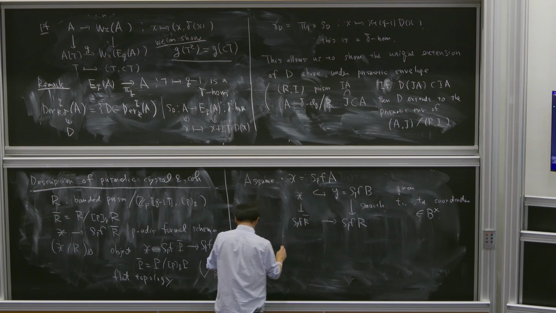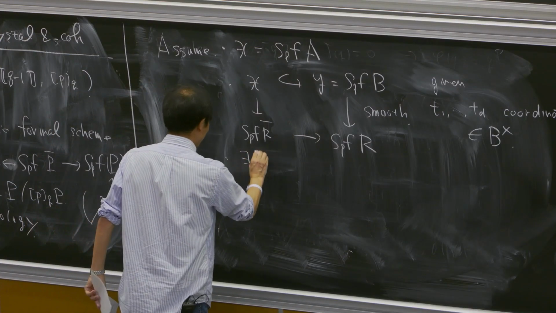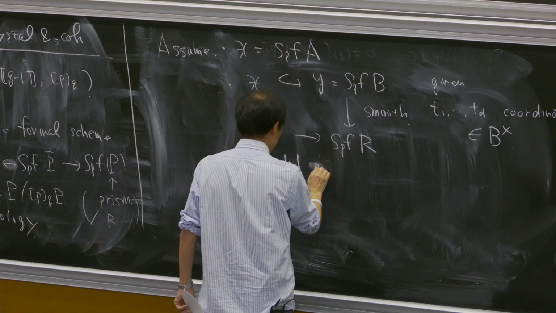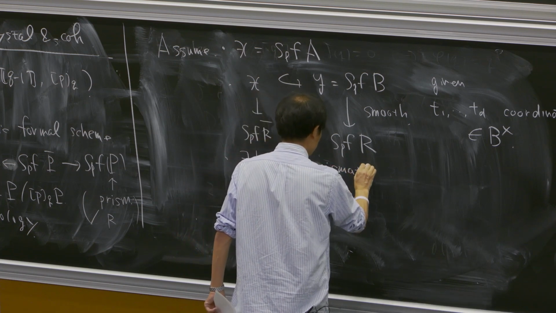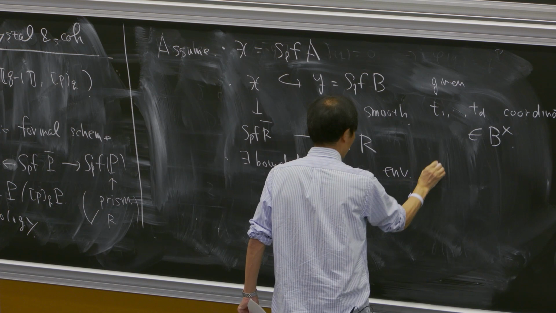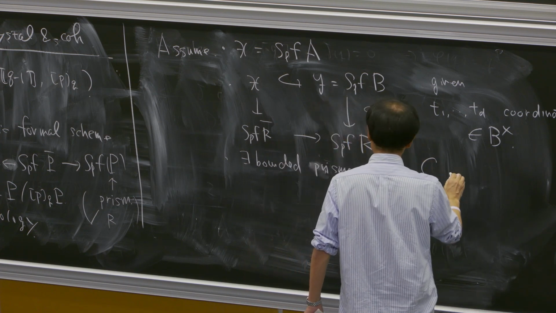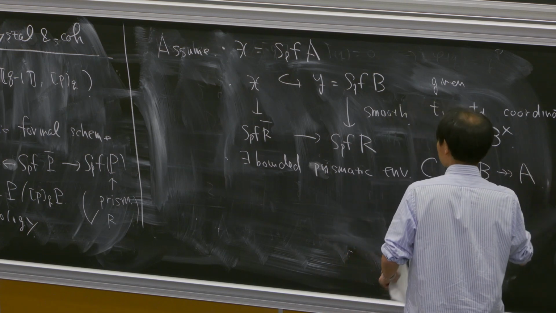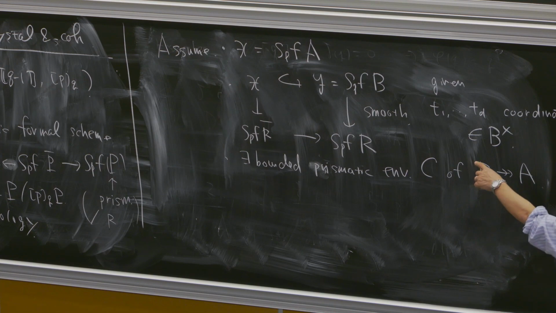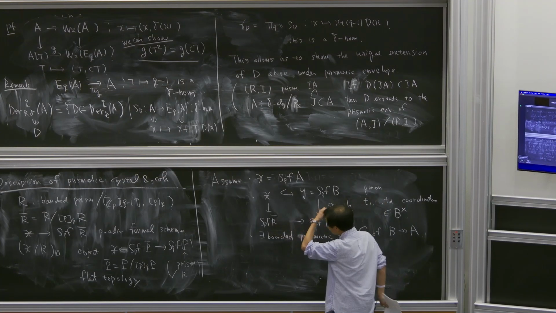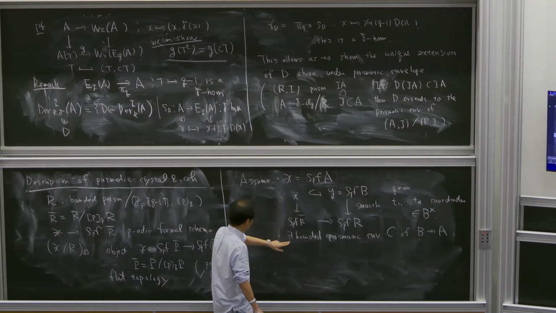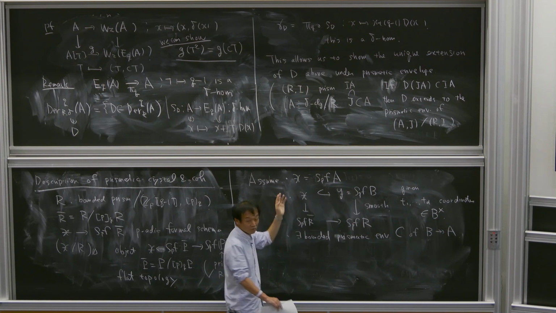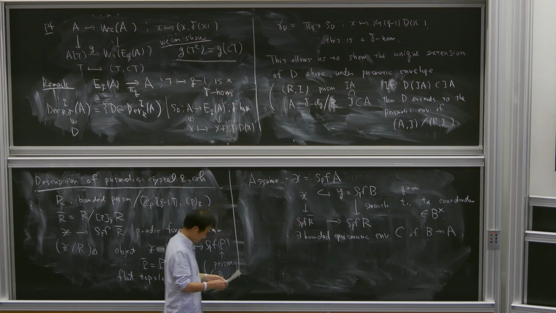Right, but I have to assume that the bounded prismatic envelope exists for this embedding. Basically, I'm interested in the case X is smooth over R bar. But I think you can also prove this existence when X is locally complete intersection and flat over R bar.